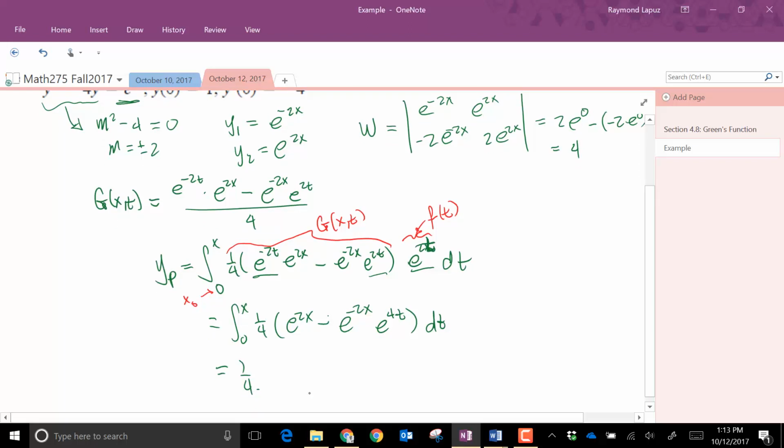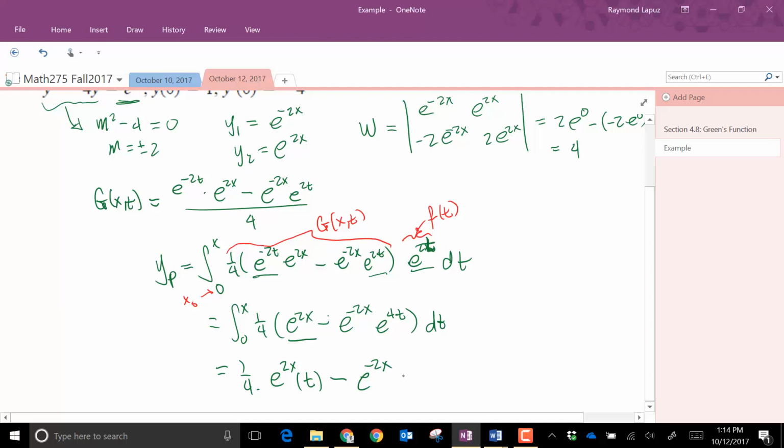All right, we are here, and we're going to integrate. This is a constant with respect to t, and so what's the integral of it? x times t, right? e to the negative 2x is constant with respect to t.